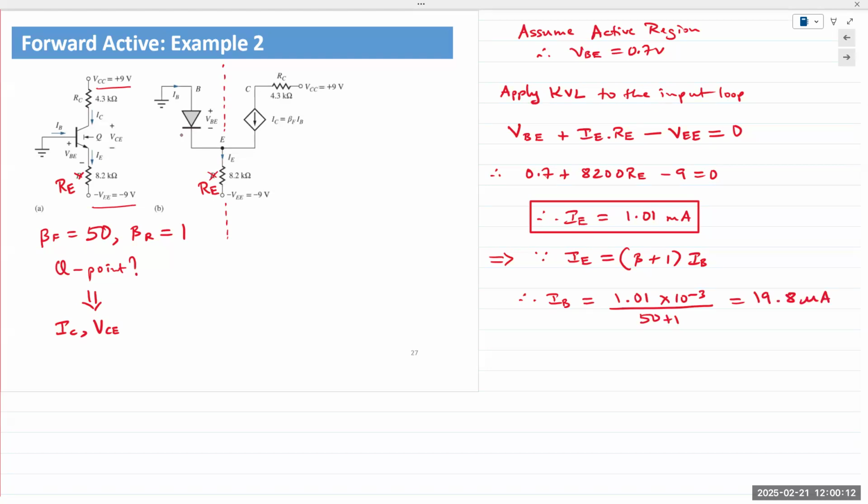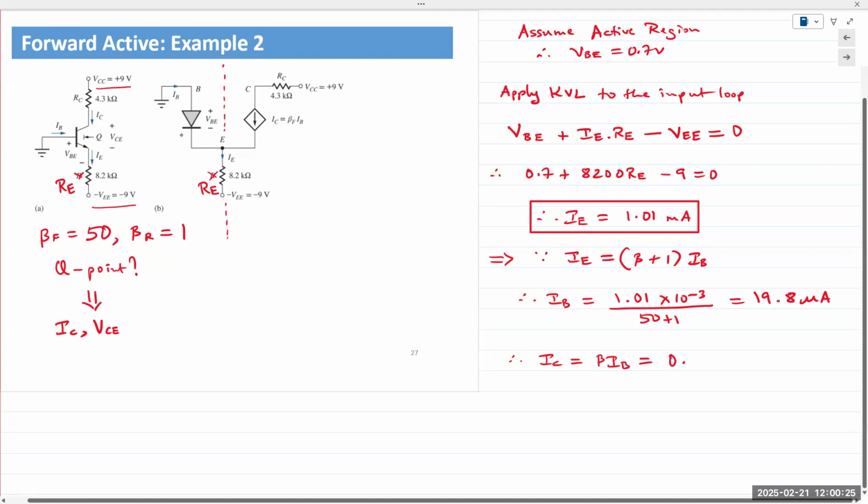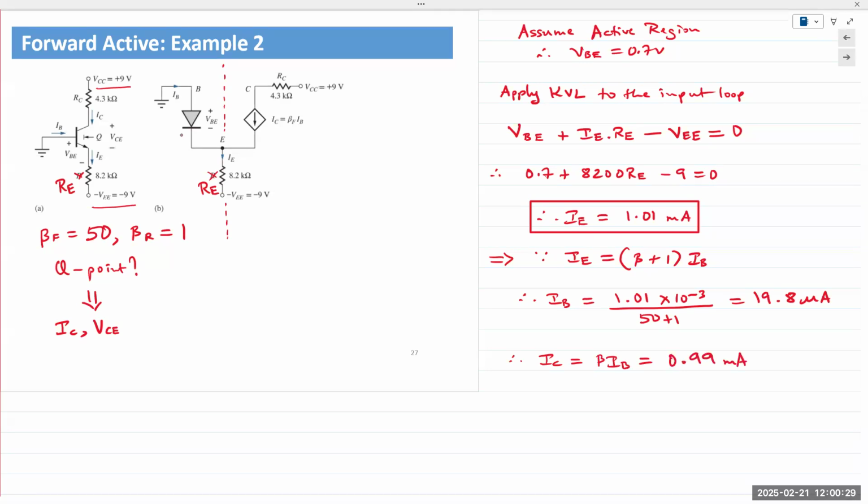And IC, therefore, is beta times IB, and we get 0.99 milliamps. Okay, 0.99 milliamps.